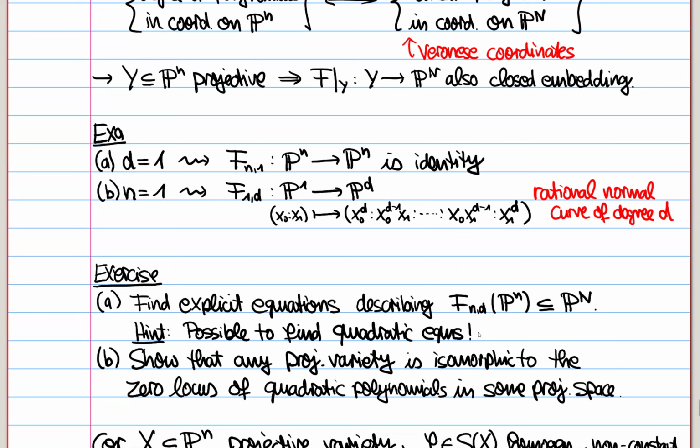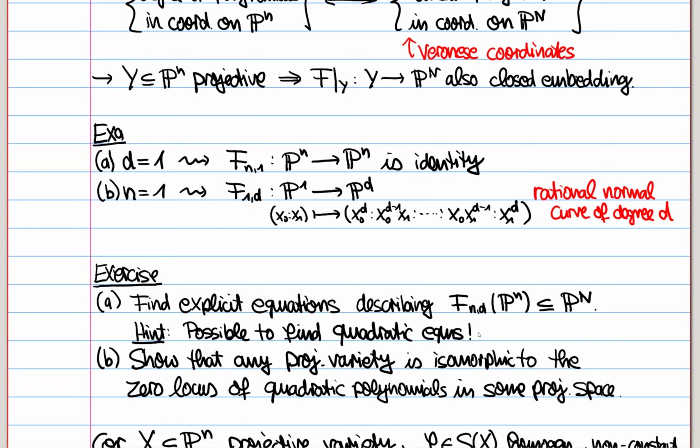And if you find the system of quadratic equations, then in the second part, you can show that any projective variety x is isomorphic to the zero locus of some quadratic polynomials inside some big projective space. So somehow we know by definition the projective variety is isomorphic to the zero locus of some homogeneous polynomials of some degree in some projective space. But in fact, using this Veronese embedding, you can show that you can always restrict to quadratic polynomials.